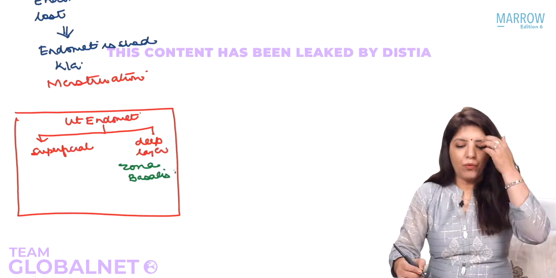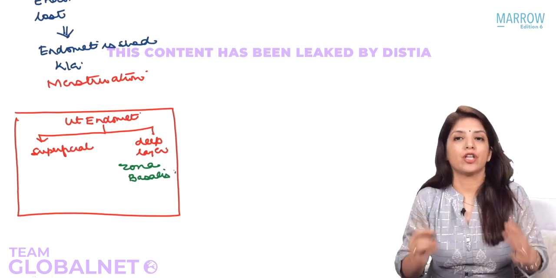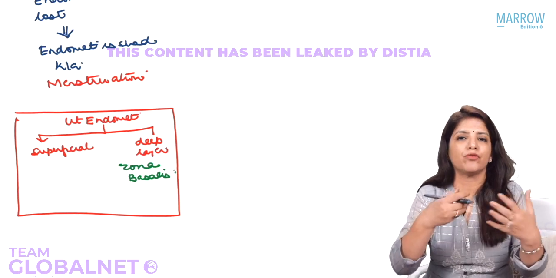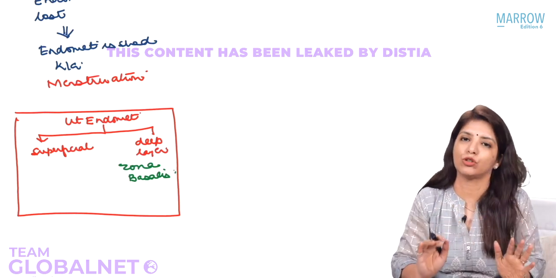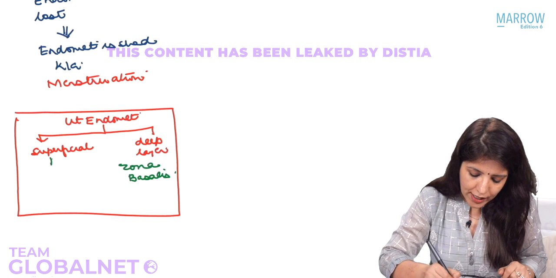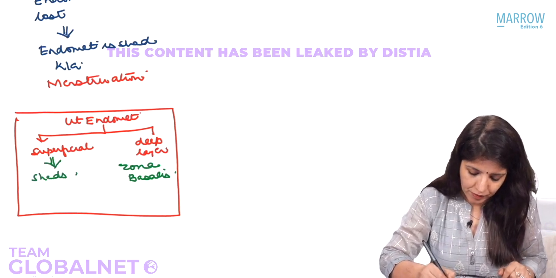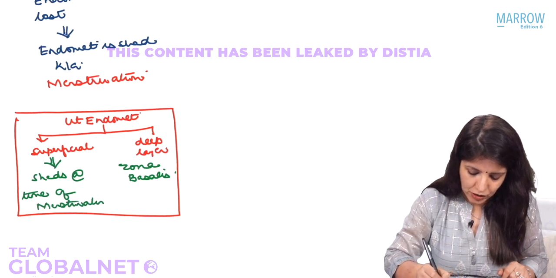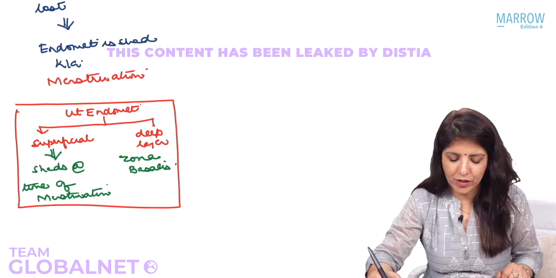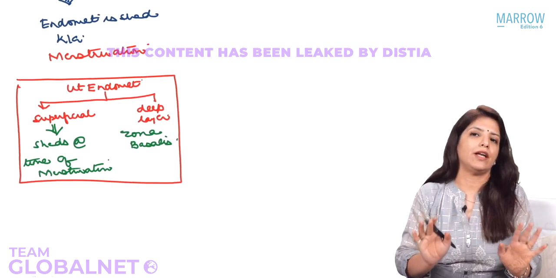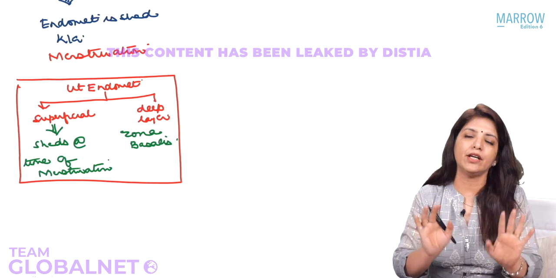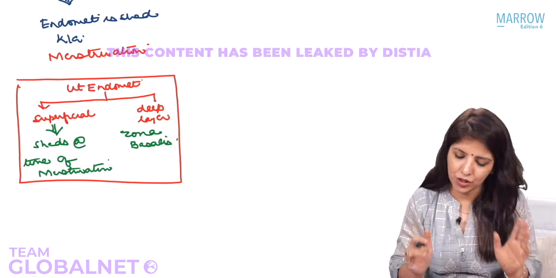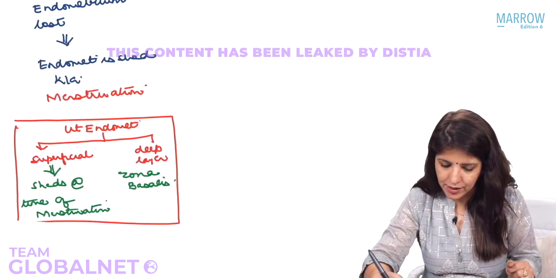Now, when I say that endometrium sheds, it is not that the superficial layer will shed and the deep layer will also shed. No. It is only the superficial layer that sheds at the time of menstruation. So, what is happening at the time of menstruation? The superficial layer of the endometrium is getting shed. Have you understood?